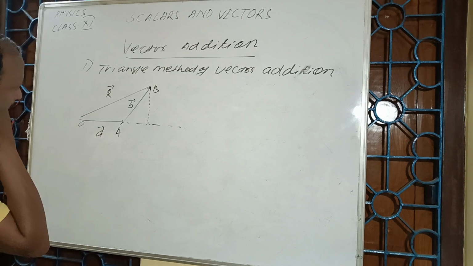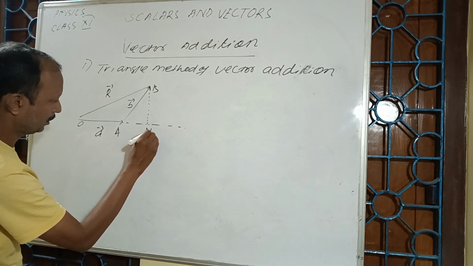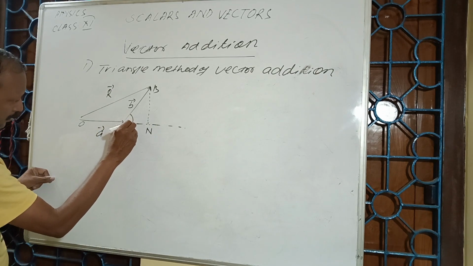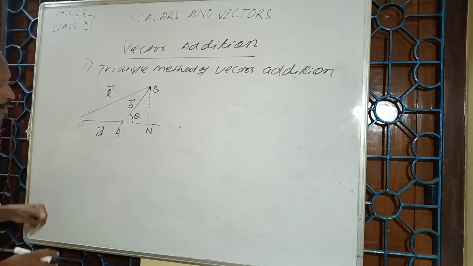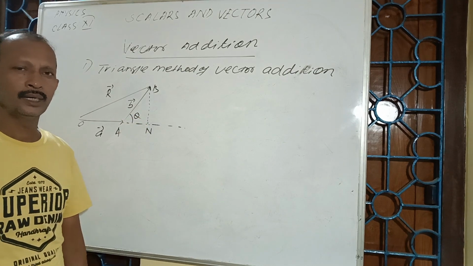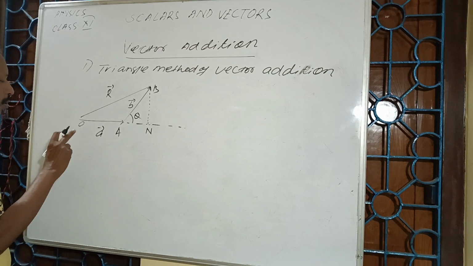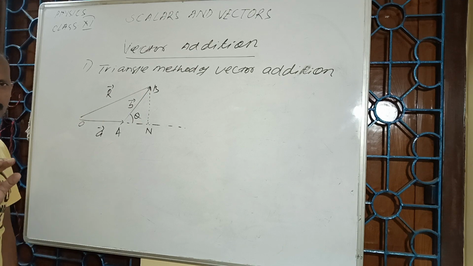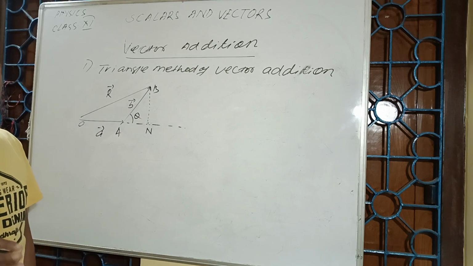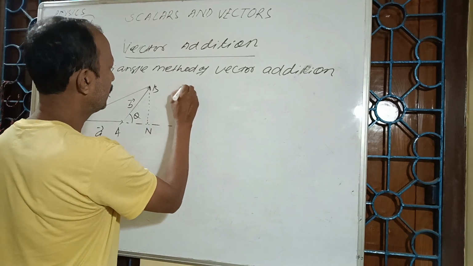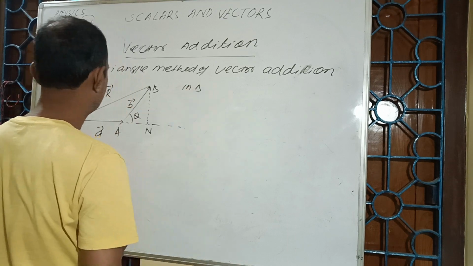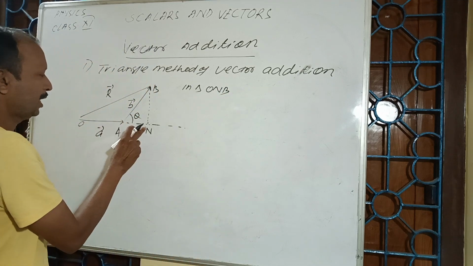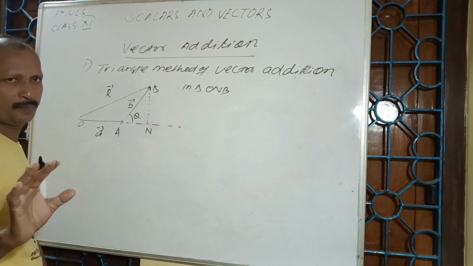Here this angle is theta. Now let us see. ONB is a right angle triangle. So we know that in right triangle ONB, I have drawn the perpendicular.